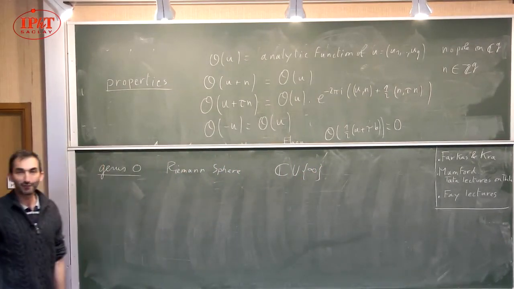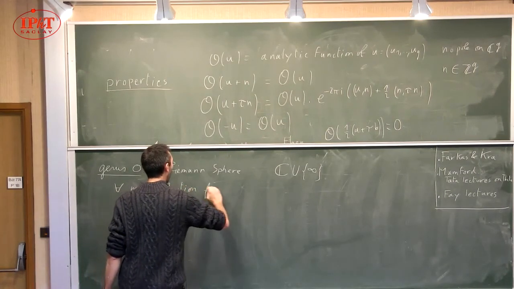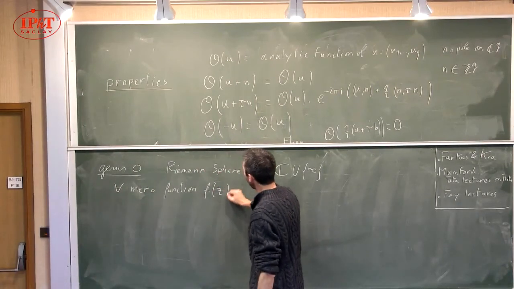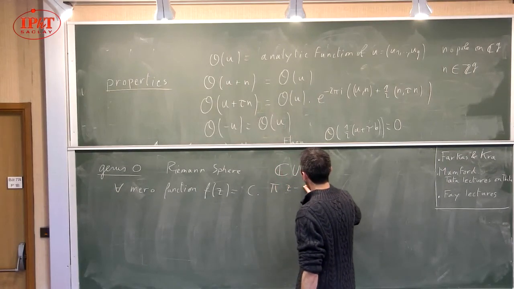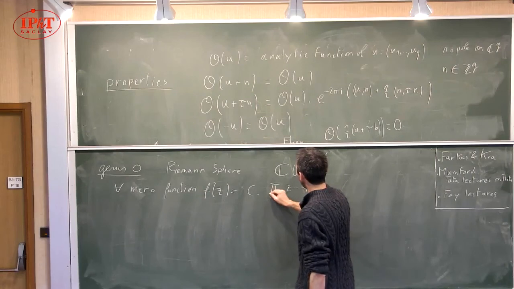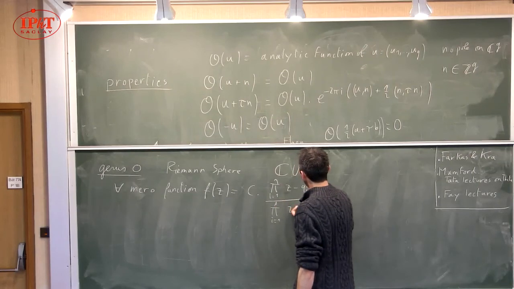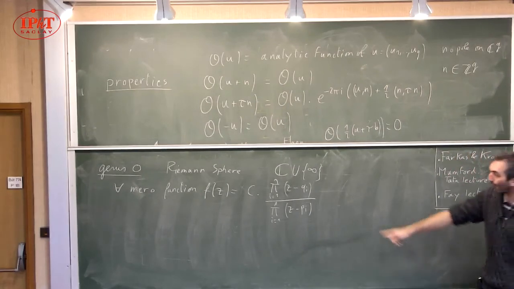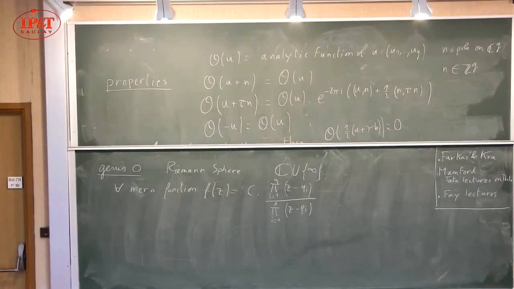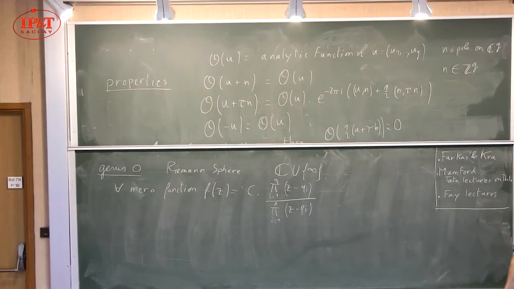Every meromorphic function f can be written in the form f of z equals a certain constant times the product over i equals 1 to r of z minus q_i, over the product over i equals 1 to s of z minus p_i. If you want, it's a product of monomials divided by a product of monomials. So any rational function is a product of things that have only a simple zero divided by a product of things that have a simple zero.